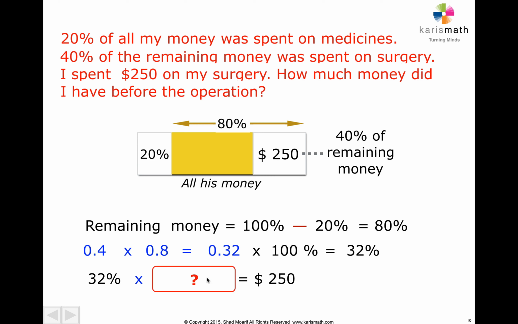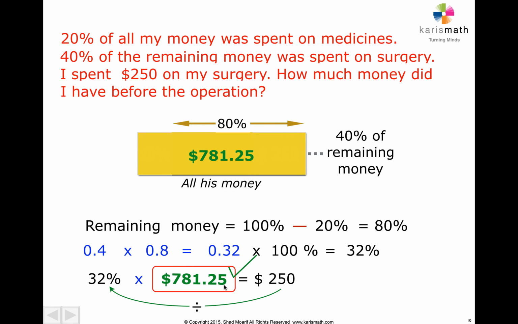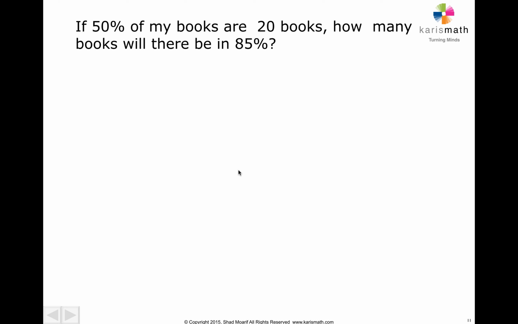We don't know this amount, but this is 0.32. So 250 divided by 0.32, and the answer would come to 781.25. And that is all my money. So you can work it out this way. That's your total money.